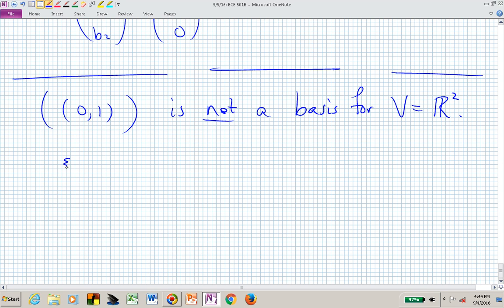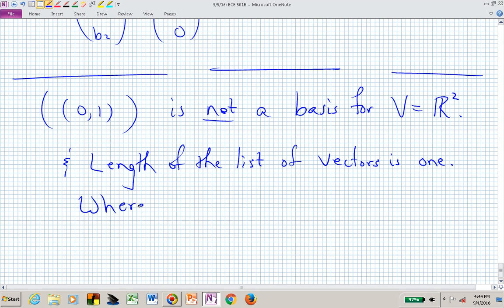And one thing that you can see is that the length of the list, which just contains one vector, is 1, whereas the dimension, which I guess I'm getting a little bit ahead of myself, in the next lecture we will define dimension, whereas the dimension of our underlying vector space V of R2 is 2.